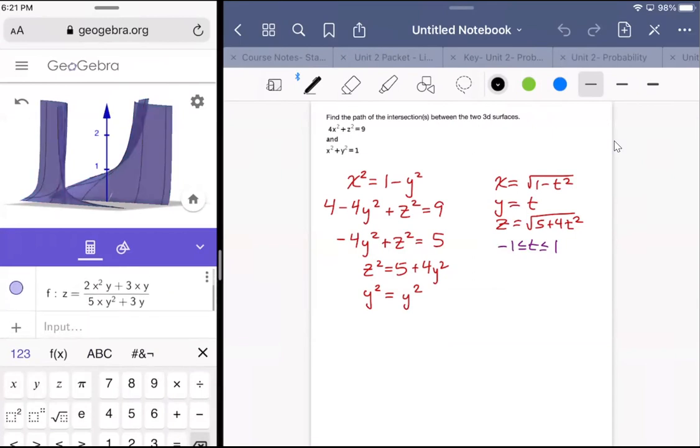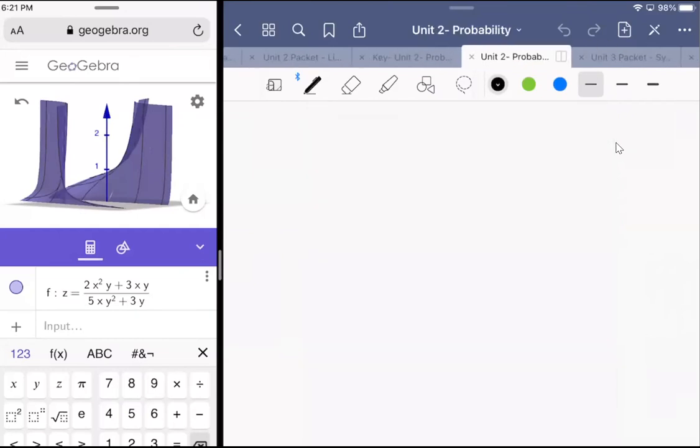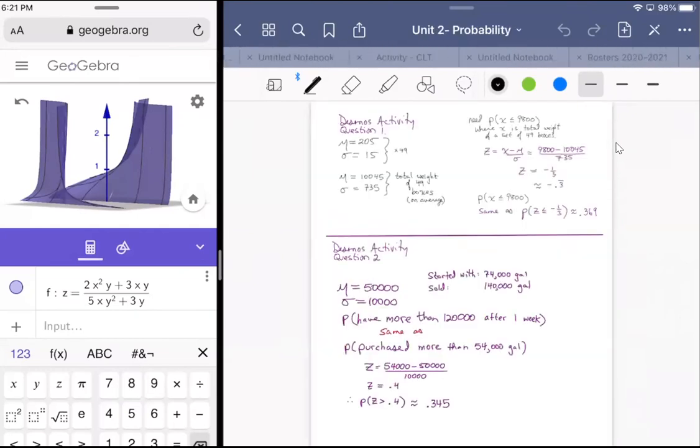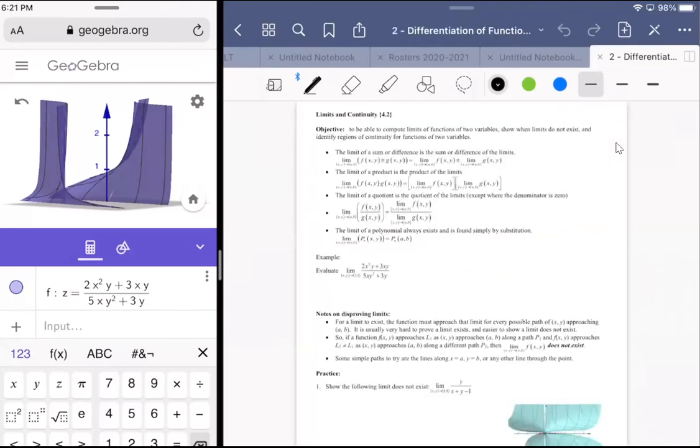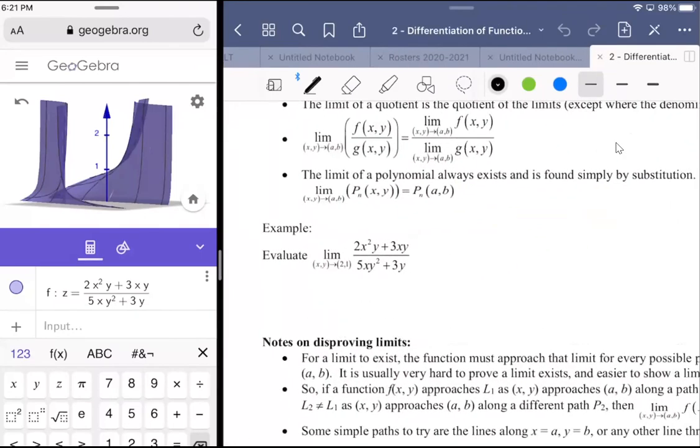So you see what I did? I didn't really narrate it while I was doing it, but you see how I was typing in f of x comma y, and it auto-corrected it to z. Oh, fun fact, this is an answer to one of the questions on the test. So it auto-corrected to give me function f where z is equal to whatever.